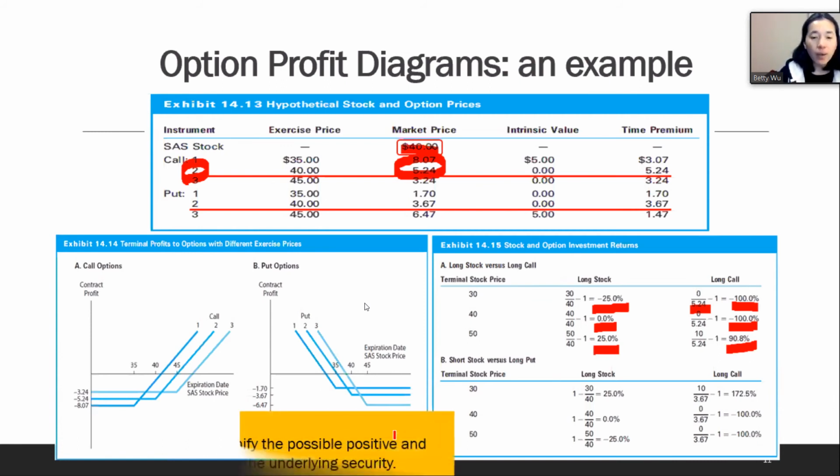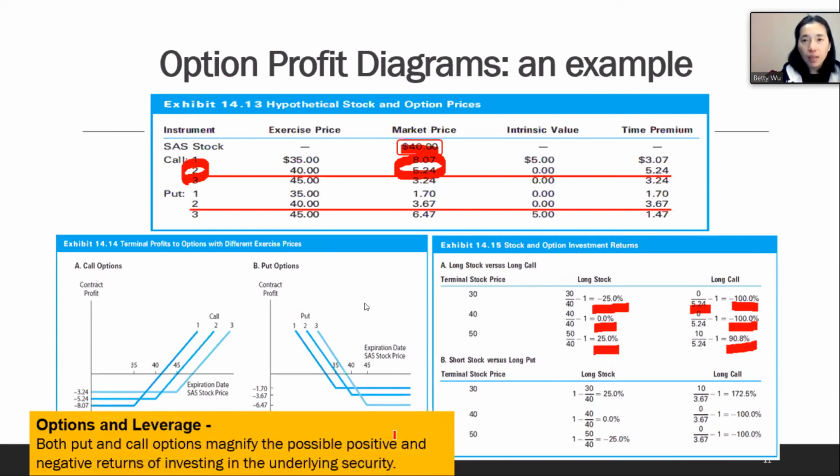The main takeaway is this: options introduce some leverage into your investment portfolios. Both put and call options magnify, making the range bigger, the possible positive and negative returns of investing in the underlying security. All right.